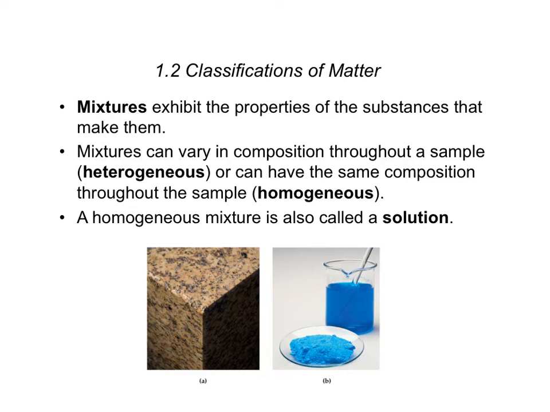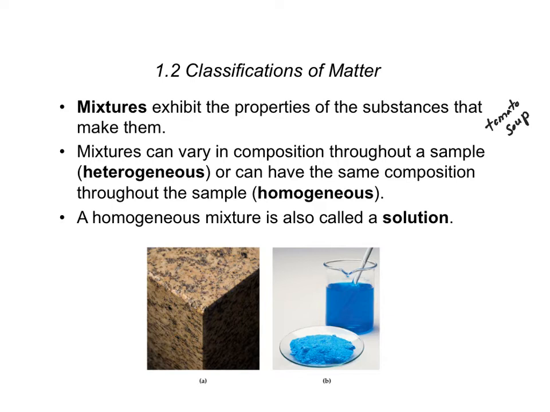A good example of this would be something like tomato soup. Make sure I spelled that correctly. When you look at it and you take your spoon to go and eat it, number one, it's a mixture. There's a lot of things going in there. You can add more salt if you want. You can vary the composition of everything.